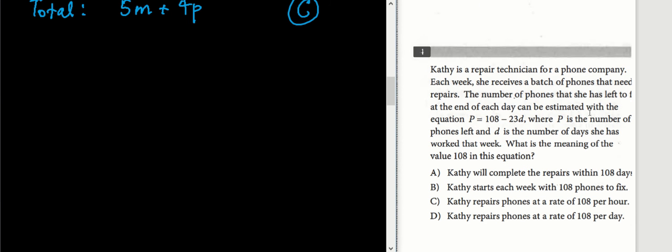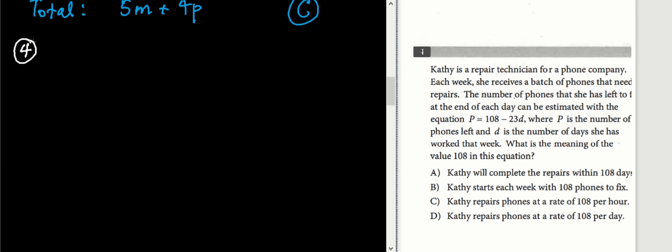So let's look at problem 4. Here we're told that Kathy is a repair technician for a phone company. Each week she receives a batch of phones that need repairs.